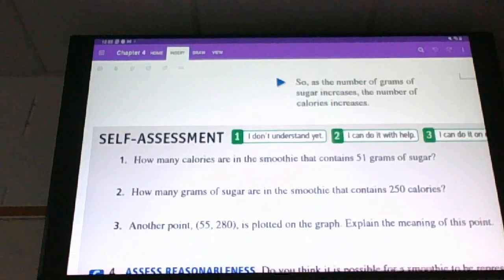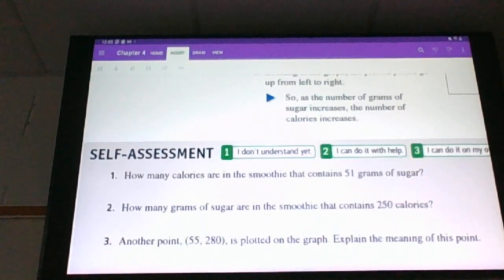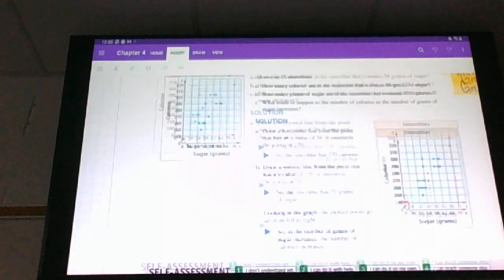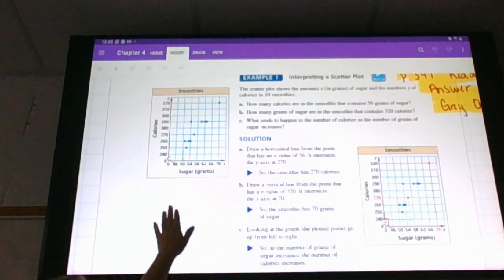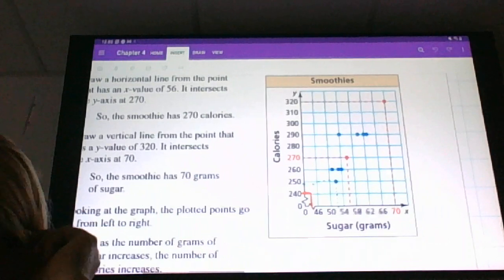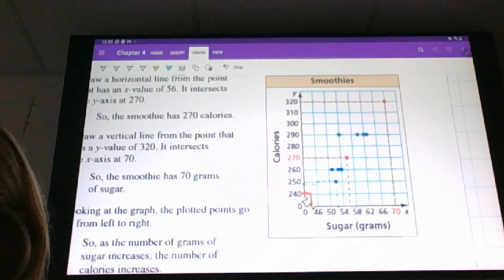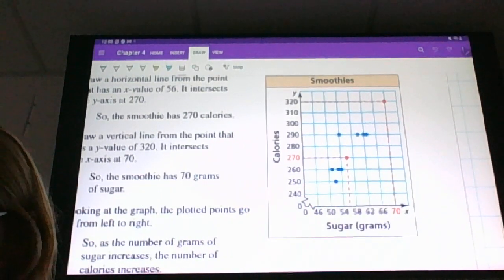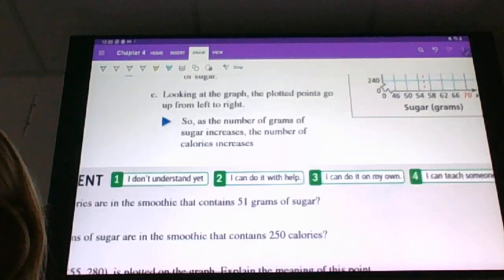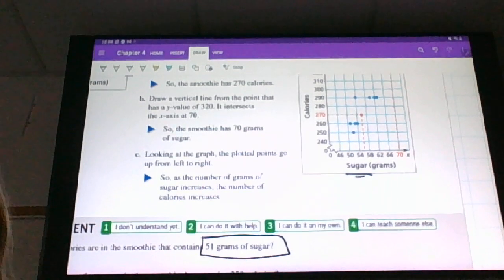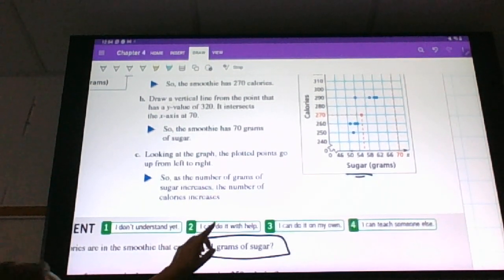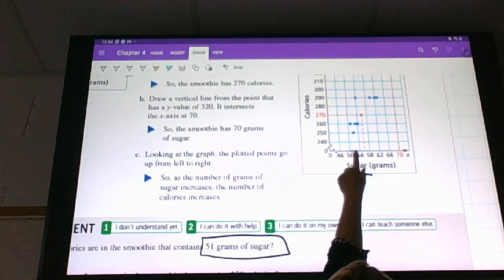Number 1 says, how many calories are in the smoothie that contains 51 grams of sugar? So it doesn't matter, you can look at this one or this one. So we're looking for 51 grams of sugar. Sugar is on the x-axis. 51's about right here, because this is going by 4. So 1, 2, 3, 4.